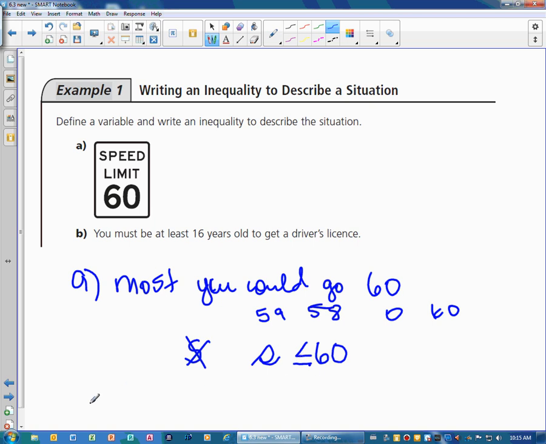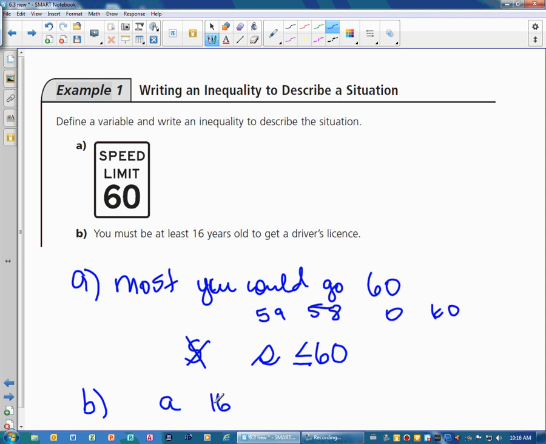All right, B says you must be at least 16 years old to get a driver's license. So let's go A for age. Okay, so A and 16. Now, how do they relate to each other? Your age can be 16 and older. It can't be younger than 16.